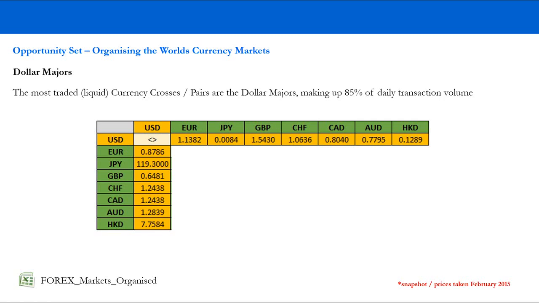And what you're going to see is a table quoted on all media outlets, whether it's on television, on financial news channels where you have the ticker dropping across the bottom of the screen, or online, or in the newspaper. You're going to see a table of cross rates, so currencies that are quoted against the US dollar. So we call these the dollar majors.